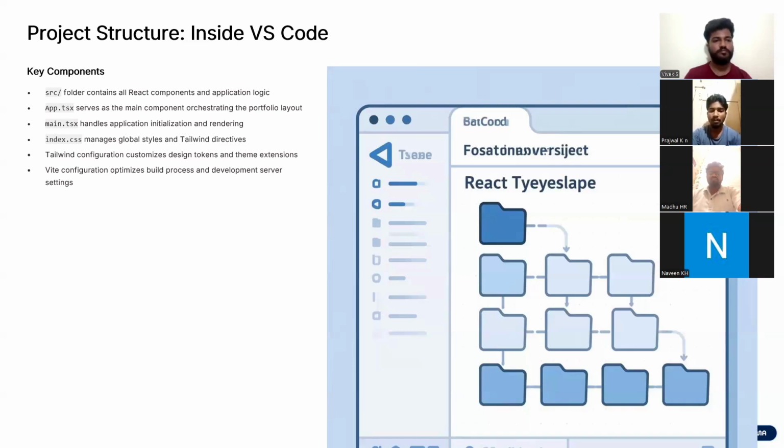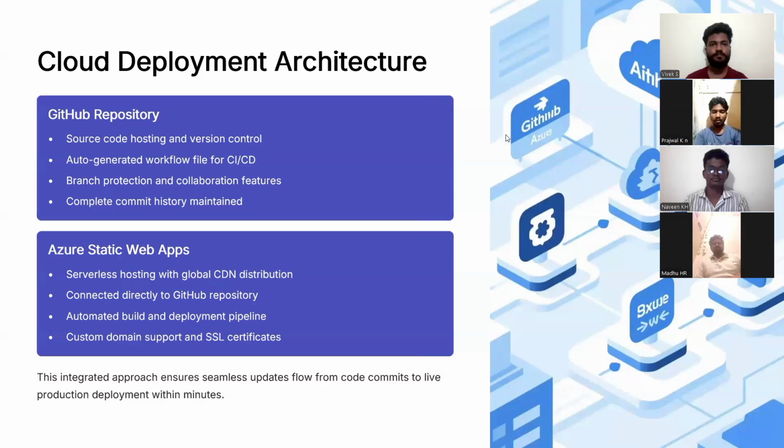Here you can see the diagram of how we are going to share. The first file is going to share the resources to Microsoft Azure, where we are going to design the cloud deployment and architecture.